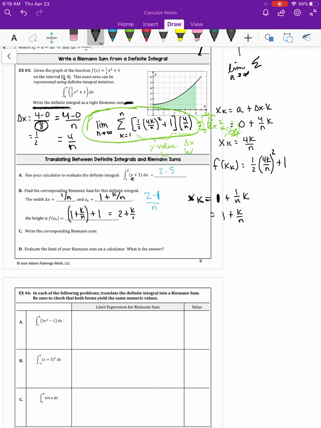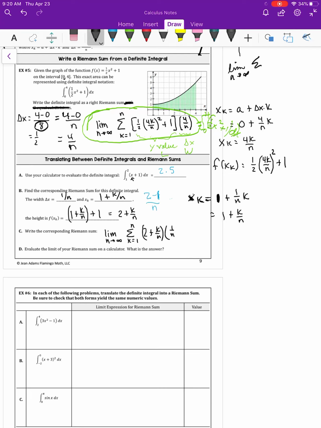And then the height is your f of x sub k. So this would just be putting your 1 plus k over n in where the x is. So 1 plus k over n, that's your x, plus 1, because your function is x plus 1. If you add those ones together, you'd get 2 plus k over n. And then part C, write the corresponding Riemann sum.